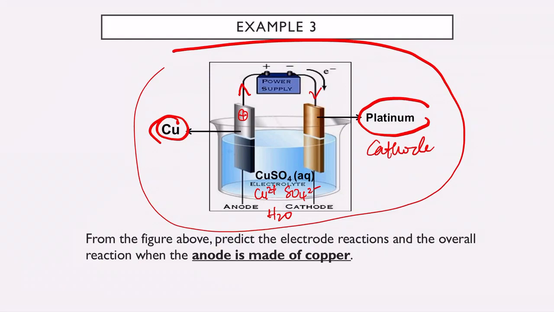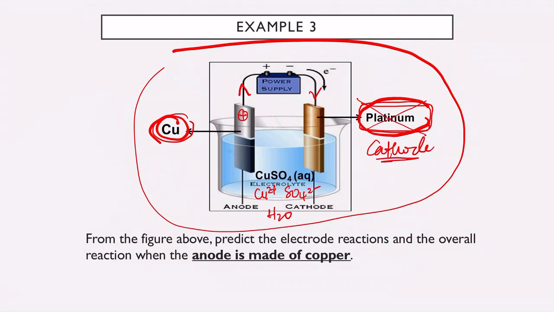Okay, so basically, since you have copper, okay, and platinum is your inert electrode, so that means dia tak involved dalam awak punya redox reaction. Dia just there for you to electroplate it.